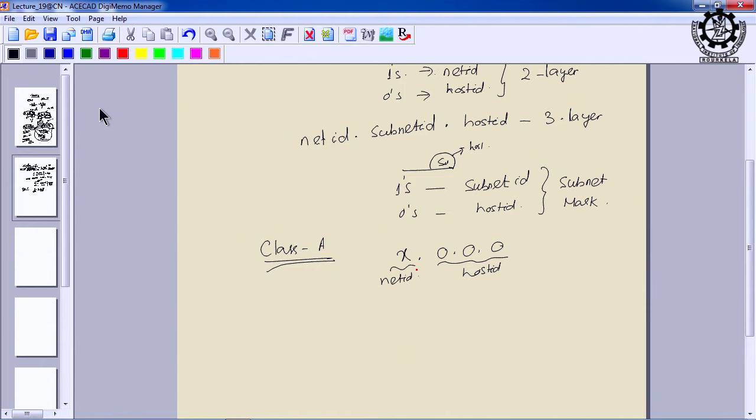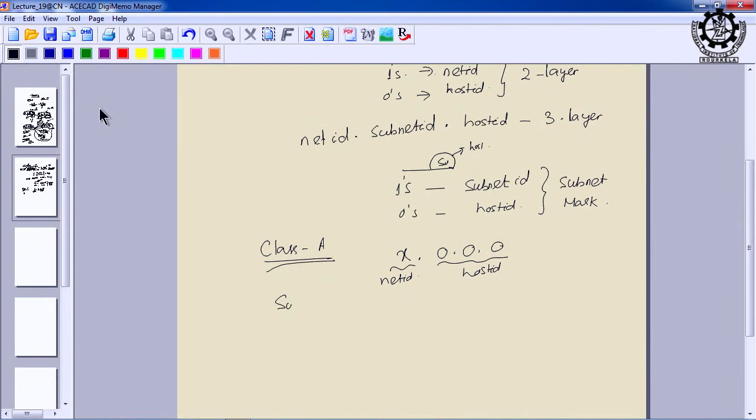The question is, if any organization having class A IP addressing wants to make 1000 subnets in the organization, how does it find the mask, how does it do the configuration, and how does it find the valid IP addresses that can be given to any of the hosts?